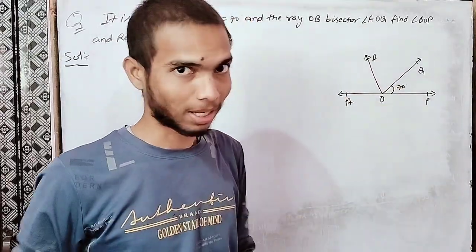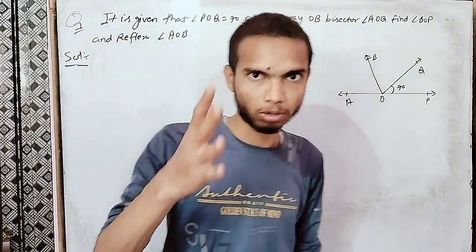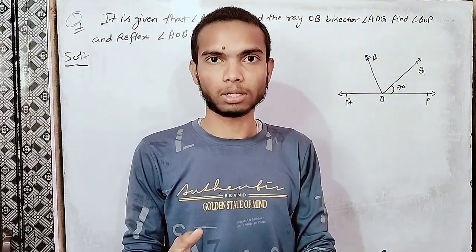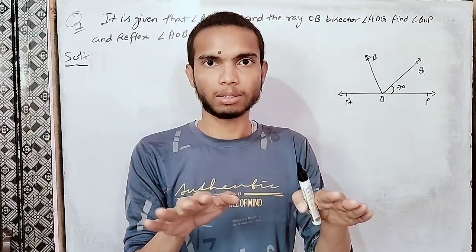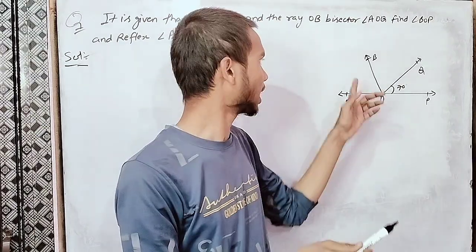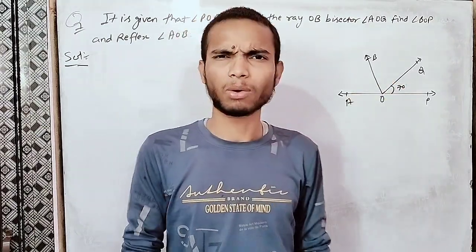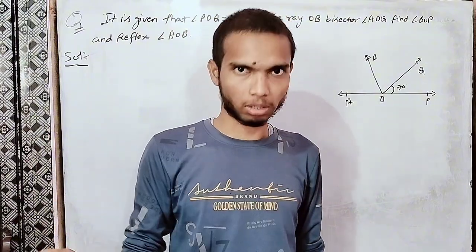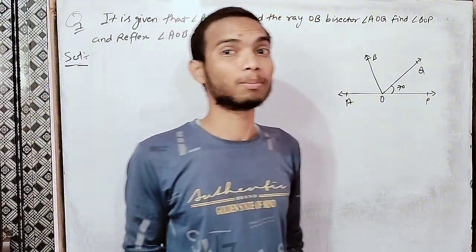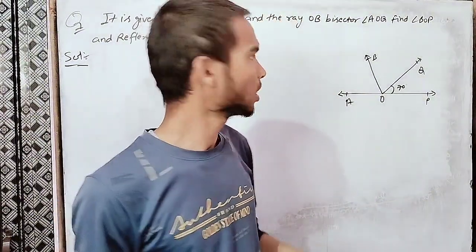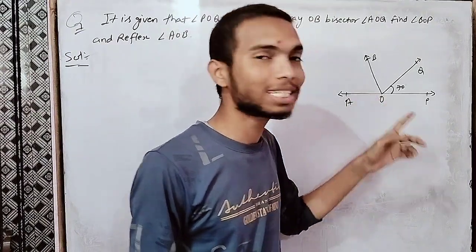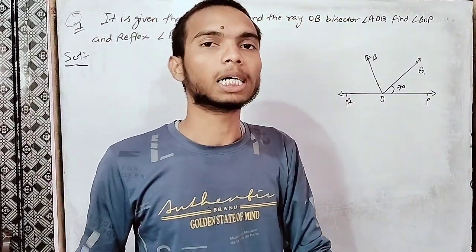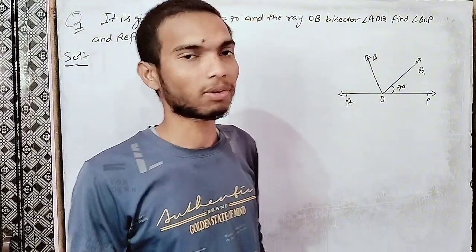This is a bisector, which means if there is a ray between an angle, the values of these two angles will be equal. What is the meaning of my words? I am trying to tell you that the value of this angle is, let's say, 35 degree.